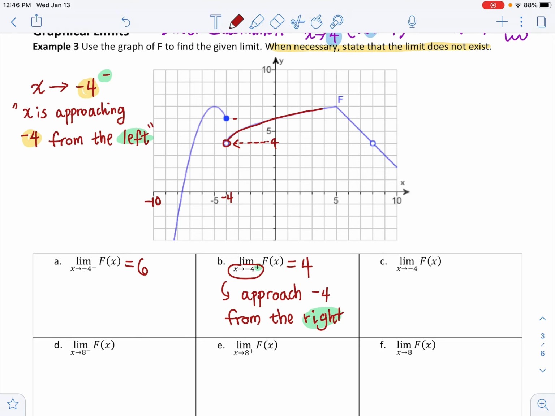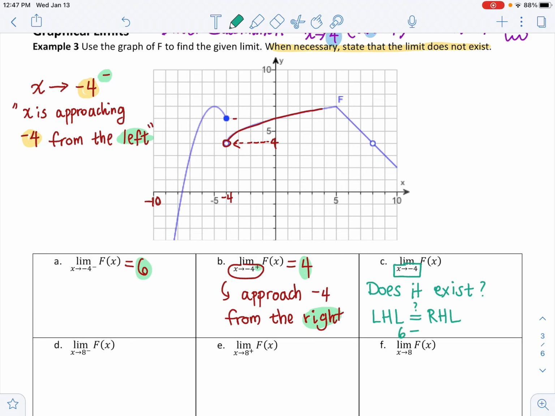All right. So what will you say? Now this time, the general limit as x is approaching -4. In order for this to exist, the question is, does it exist? In order for the general limit at -4 to exist, the left-hand limit must be equal to the right-hand limit, right? Are they equal to each other? Let's take a look at the answers from the previous parts. 6 was the left-hand limit, and 4 was the right-hand limit. They are not the same, right?